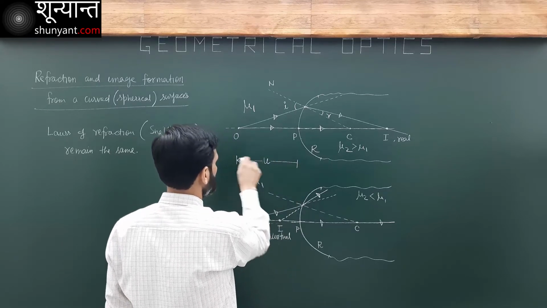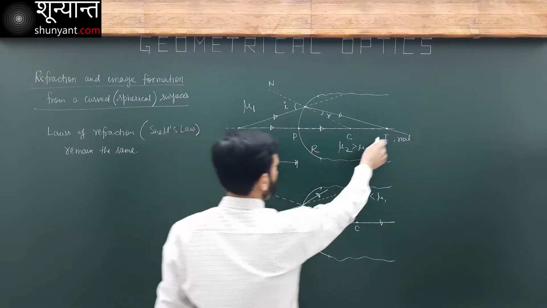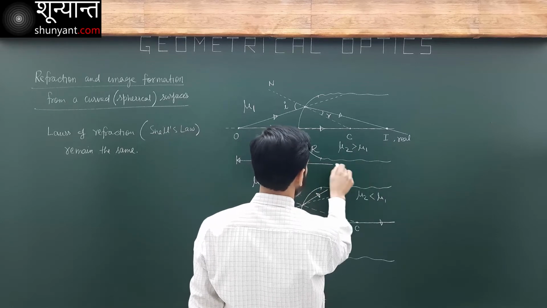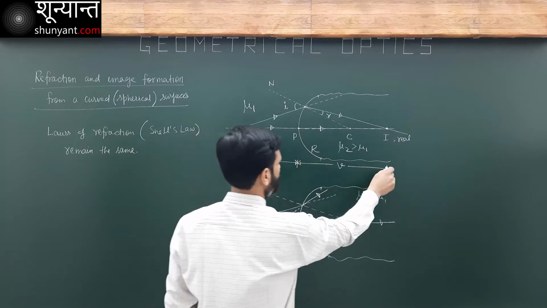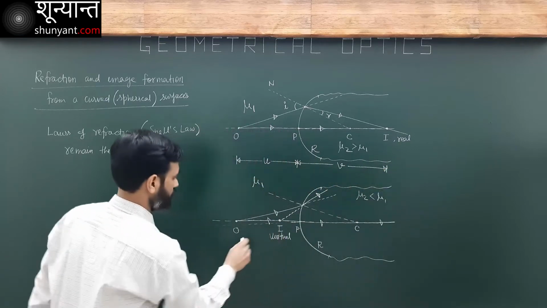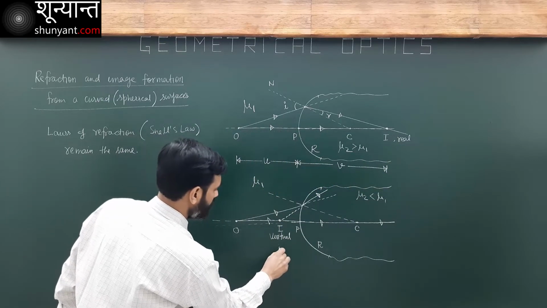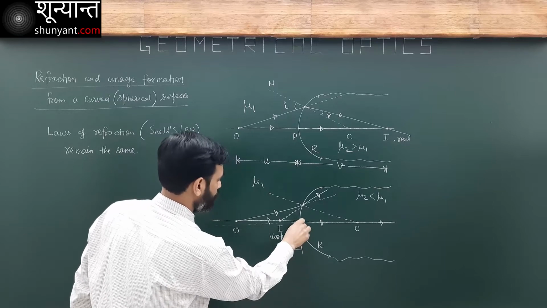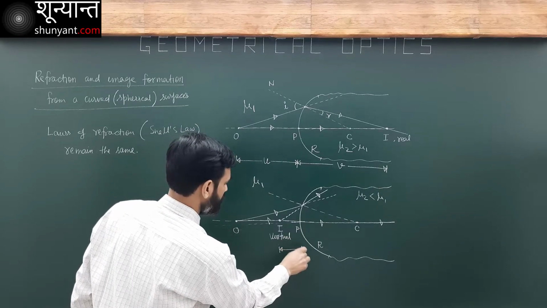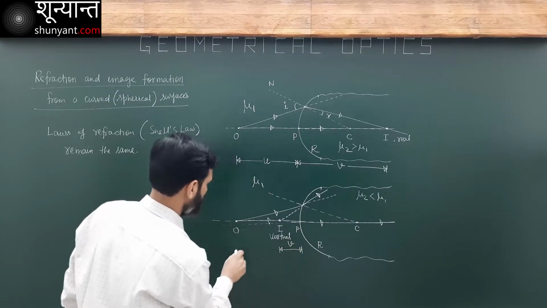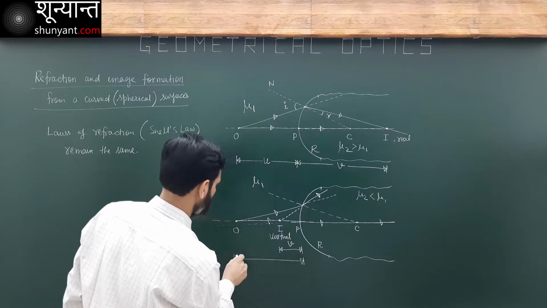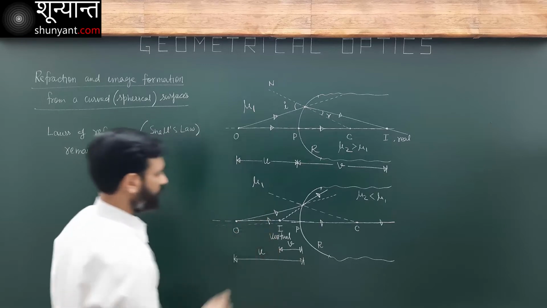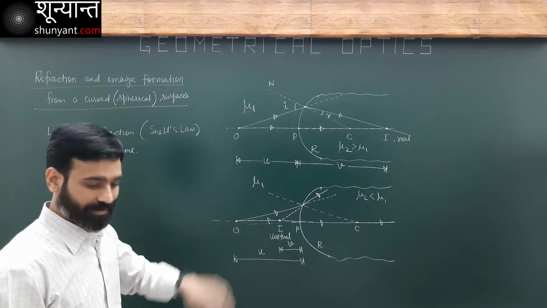All the usual signs, usual symbols: v, u. From the pole, we are measuring all the distances. Here also, from here to here, this is my pole. This distance becomes v, and this distance becomes u.